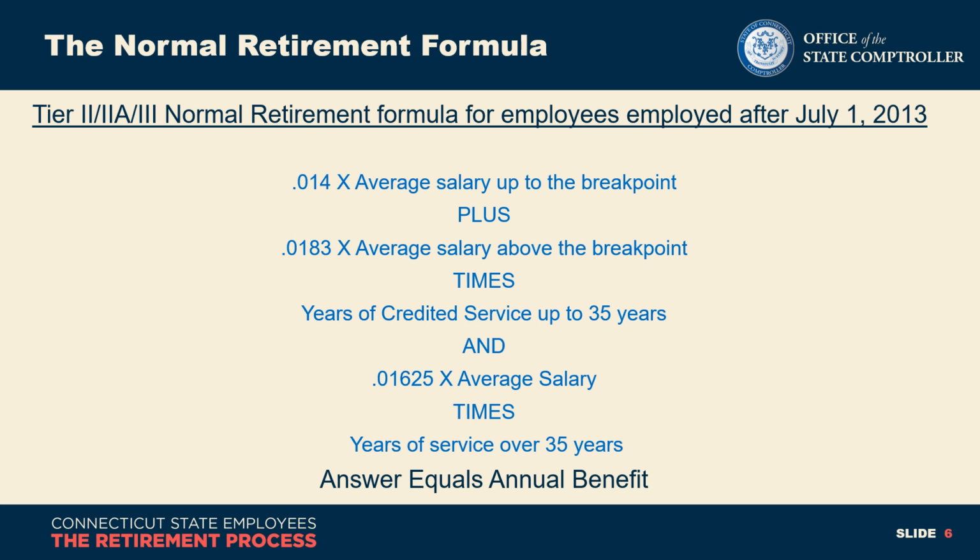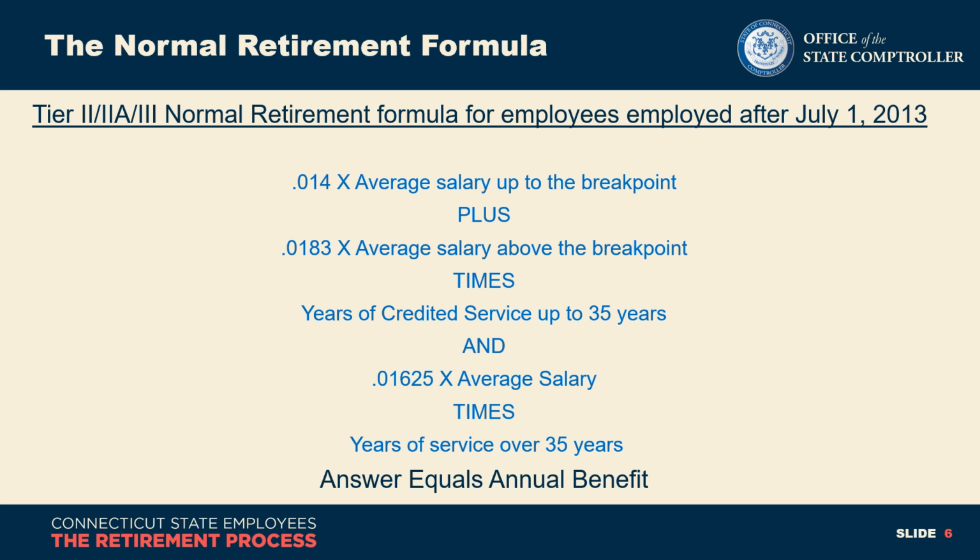The formula for Tiers 2, 2A, and 3 that is used for non-hazardous duty benefits at normal retirement age is as follows: 2/5 of 1% times your average salary up to the breakpoint, plus 5/6 of 1% times your average salary above the breakpoint, times your total credited service up to 35 years. If you have service above 35 years, you'll add one additional calculation. You get 5/8 of 1% times your average salary times your credited service over 35 years.